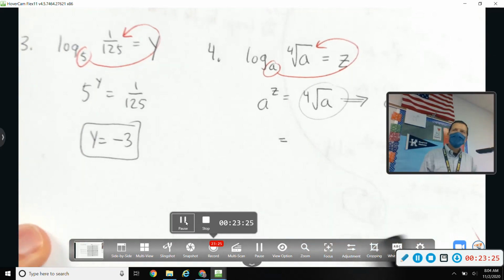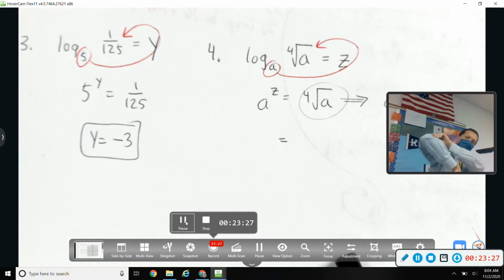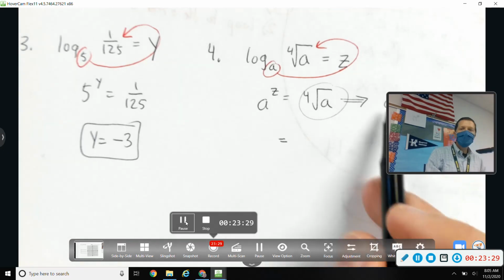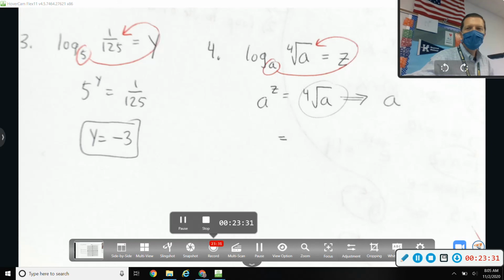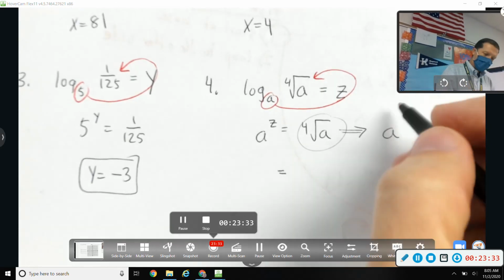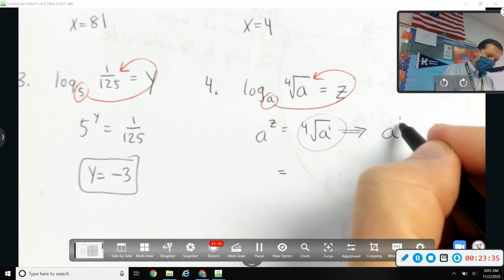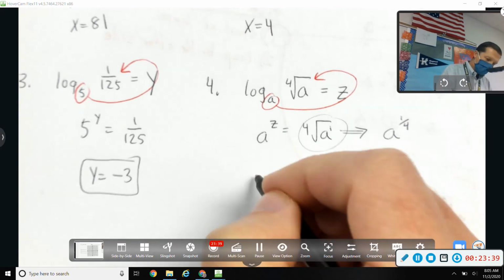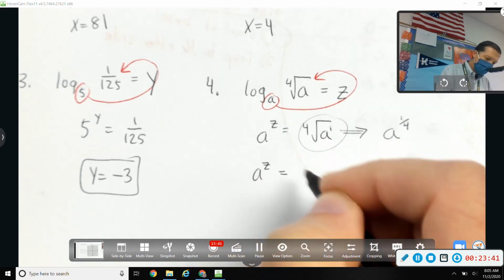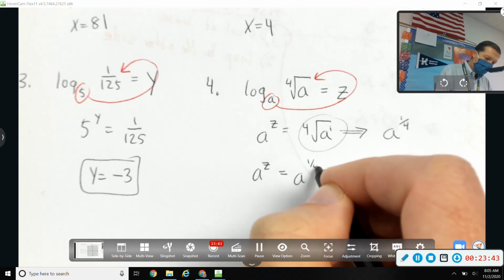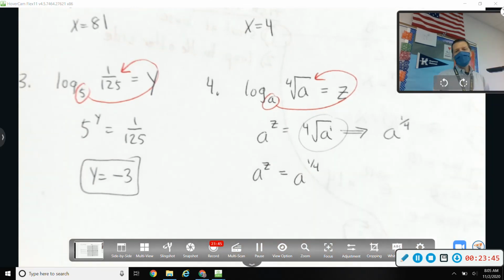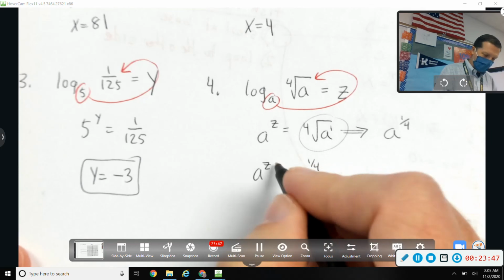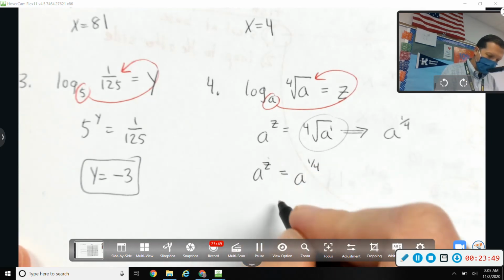If the power's on top and the root's in the bottom, then this is a to what power? 1/4. So it's a to the 1st, but the 4th root of it. And so you got a to the z equals a to the 1/4. Oh, well, even if I don't know what a is, I do know what z is, regardless of what a is. Z's got to be 1/4.